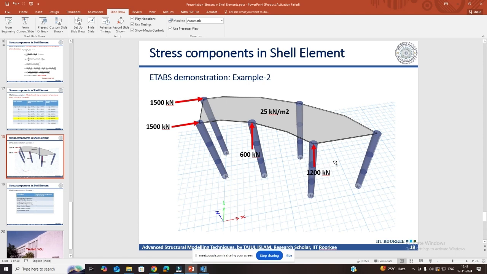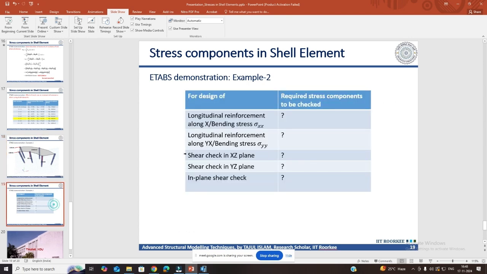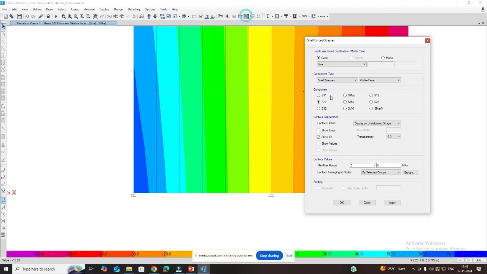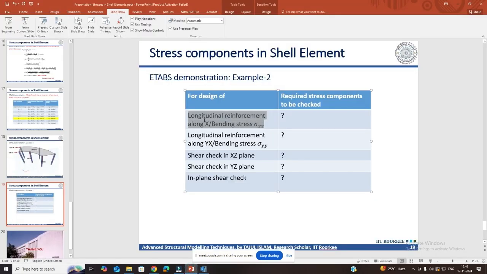As I said already, this side is going to be your 1-1 plane, and this side is going to be your 2-2 plane. So can anyone tell me what stress I have to check from the output results?